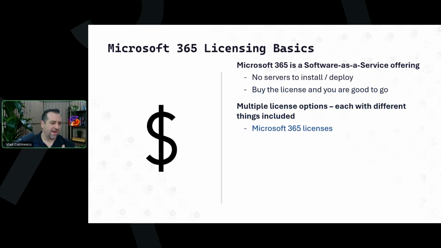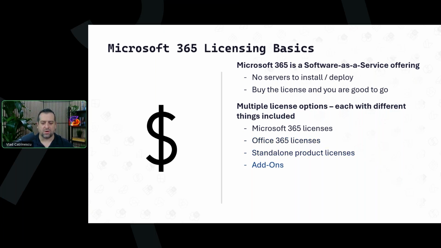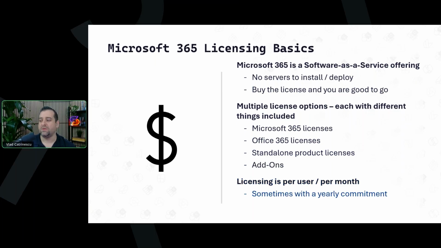We have M365 licenses, Office 365 licenses. We have some that are standalone. We have some that are add-ons and more. Licensing is per user per month, and sometimes it has a yearly commitment. Take M365 Copilot, for example: you can pay per month, but it's always a yearly commitment, so you cannot just buy it for a single month.